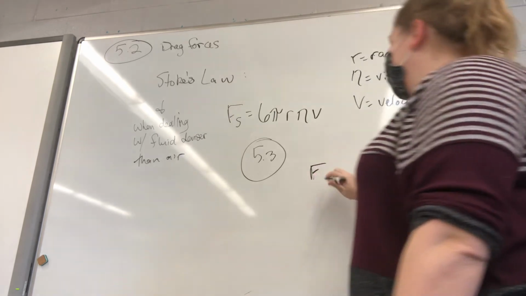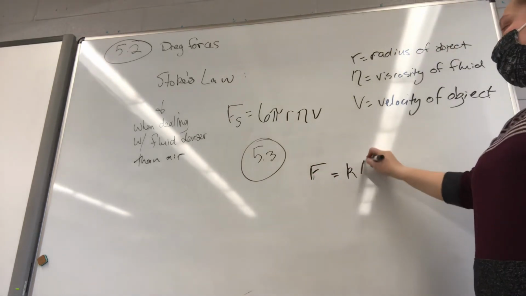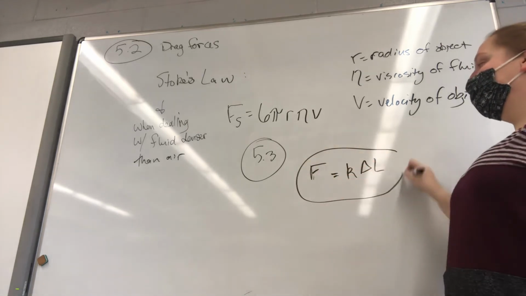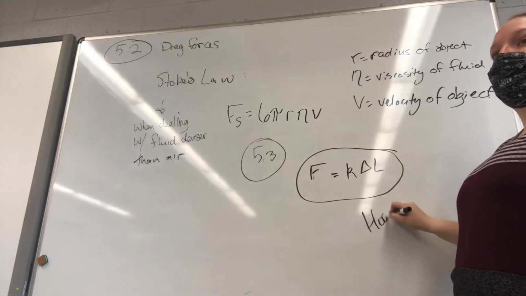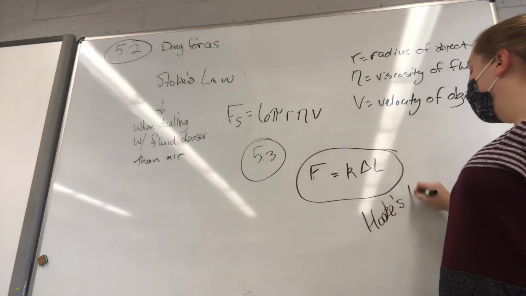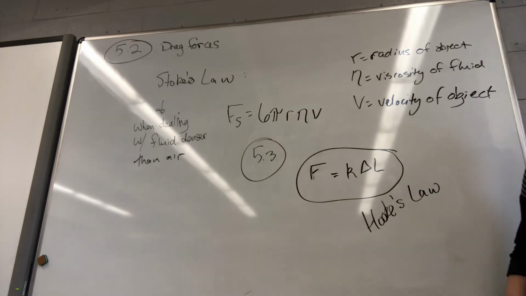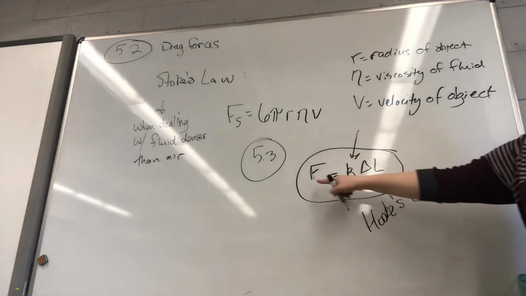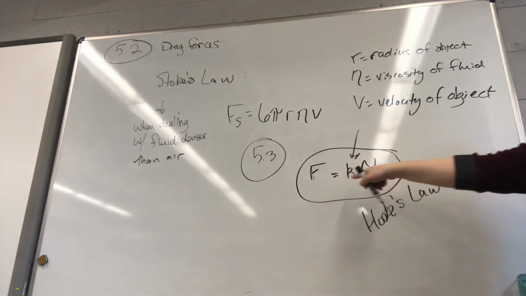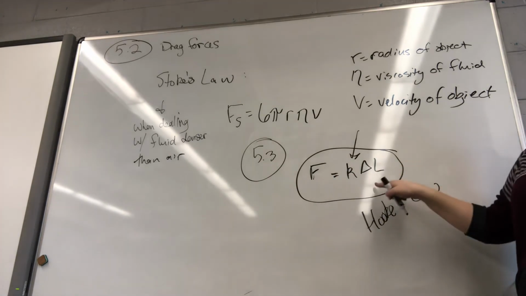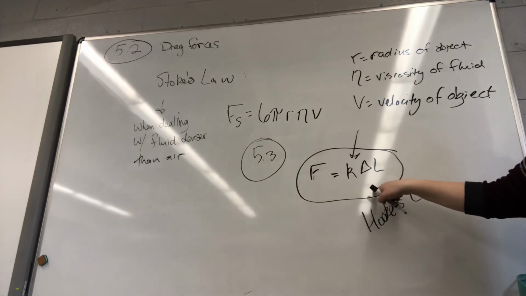So the last thing on your quiz that you can expect is to be able to talk about Hooke's law. You did this with your rubber band experiment, and our openers have also had some stuff to ask you about Hooke's law. The force that pulls on something stretchy will deform that object, that delta L is the deformation from its original position.